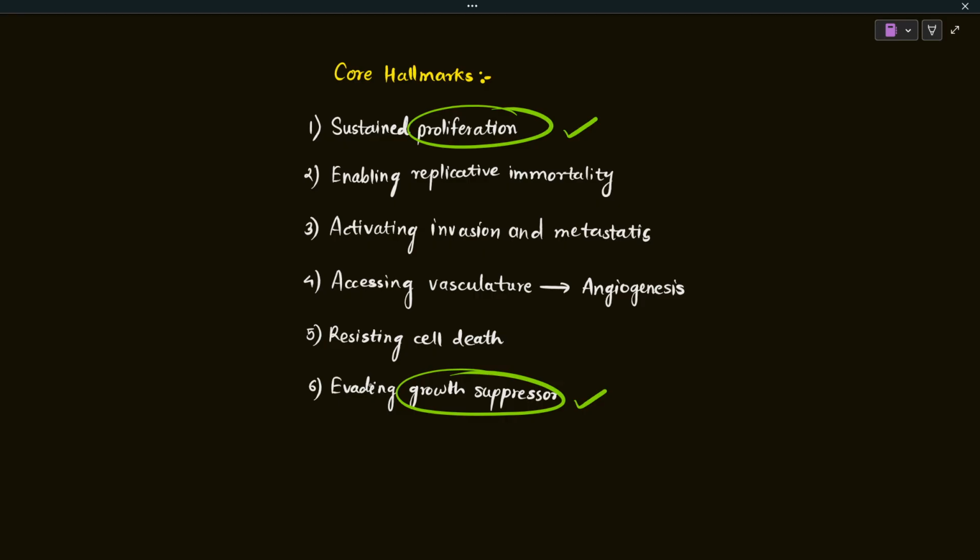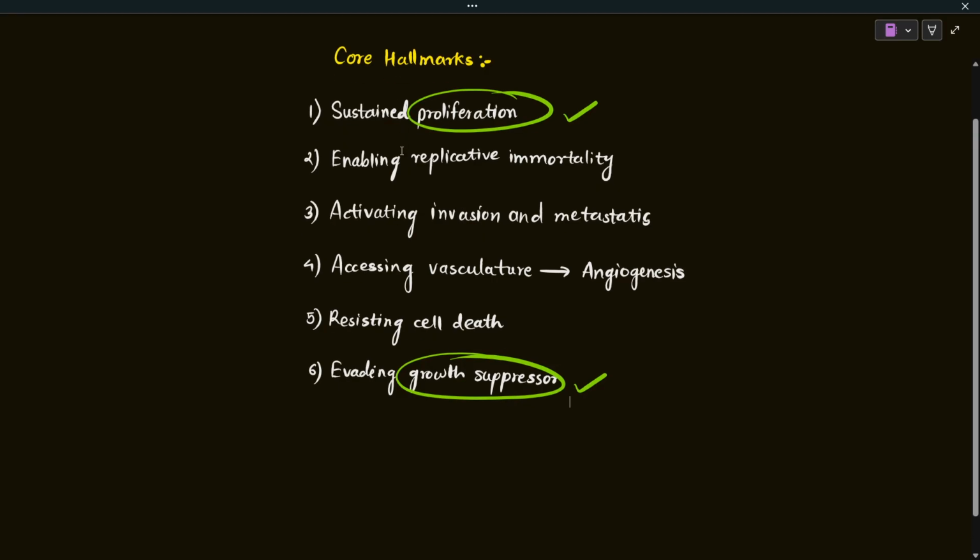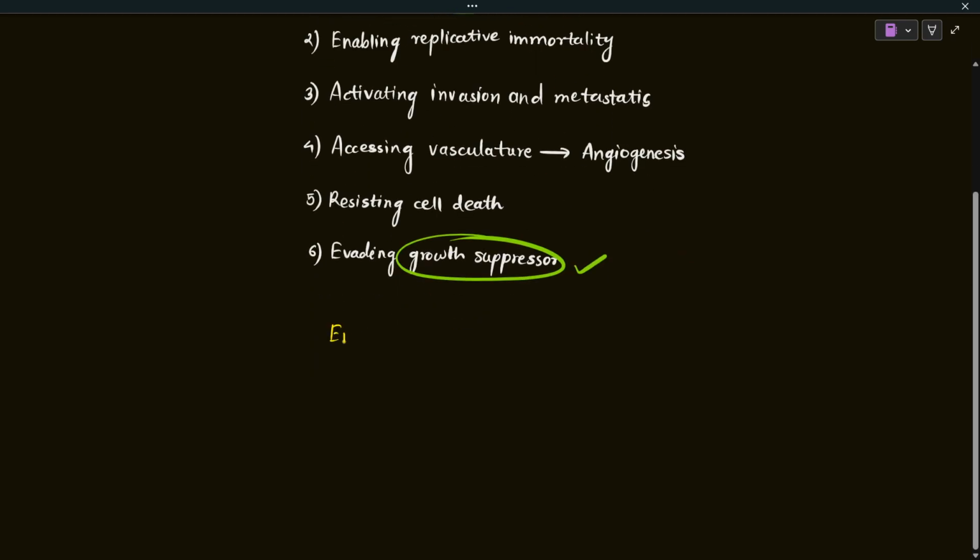There are certain hallmarks of cancer which we also call enabling hallmarks. Those enabling hallmarks are supporting hallmarks.